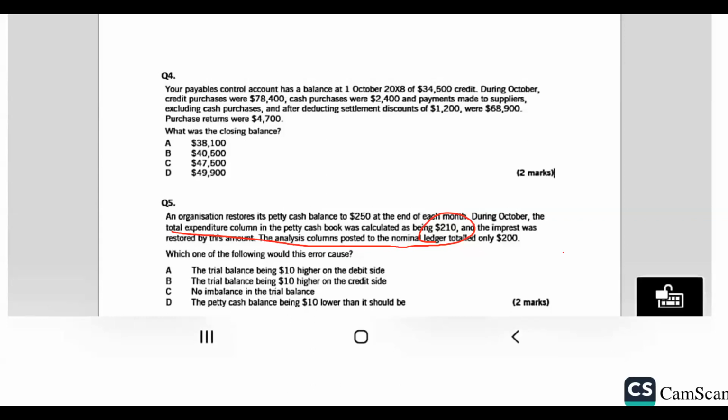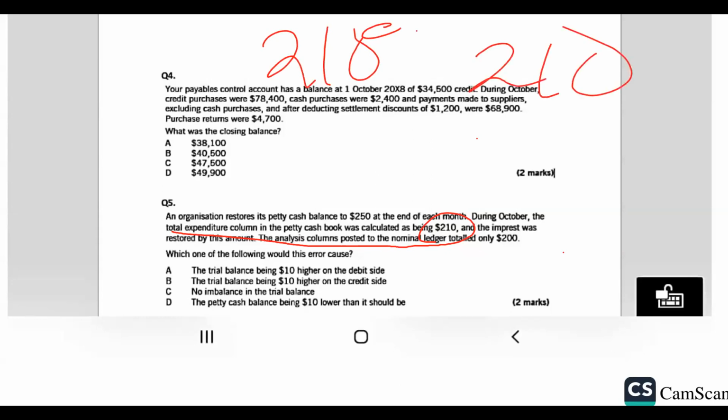Then, this is your trial balance. It has debit on the left, credit on the right. Now, instead of recording the 210, you find that it has just totaled to only 200 kwacha.